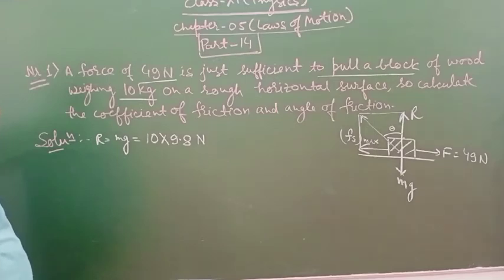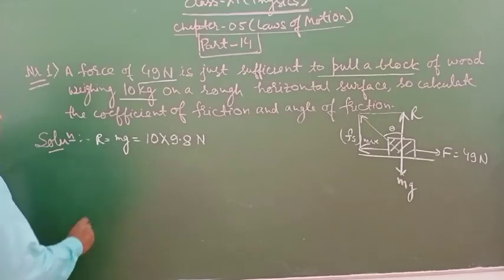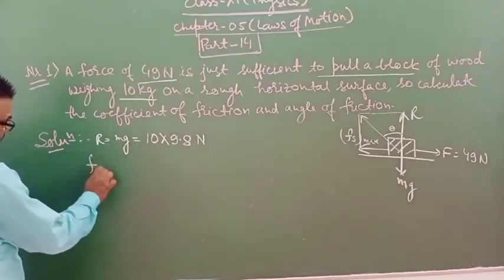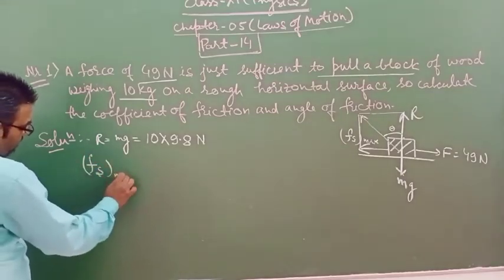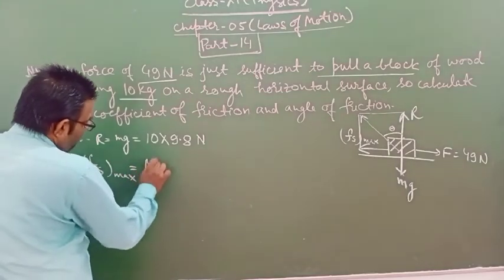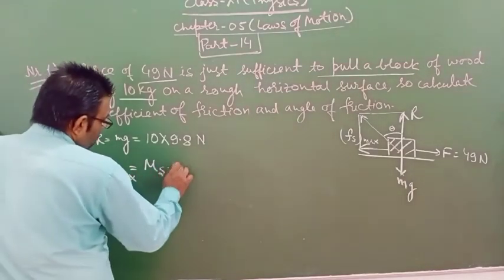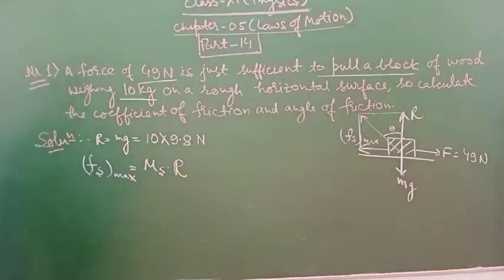Now we have to find out the coefficient of friction μs. First of all we have to find the value of Fs max, and Fs max is equal to μs into normal reaction. Clear?